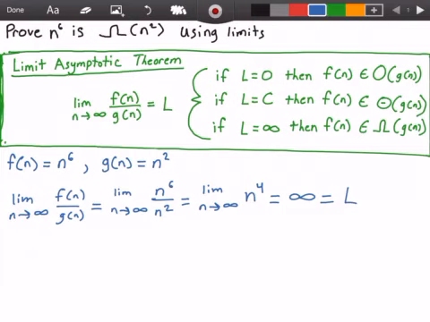All right, now we look at our cases, and if we look at the third case, we see that in this case, L is equal to infinity.